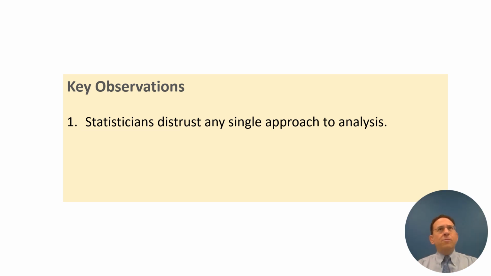It's that statisticians don't seem to trust any single approach to their analyses. What they want to see are multiple lines of evidence all pointing in the same direction. Only when they can see it in a visualization, see it in the math, see it in a table, when all of these things line up, then they'll start to feel some degree of confidence in making a statement about what their data are actually saying.